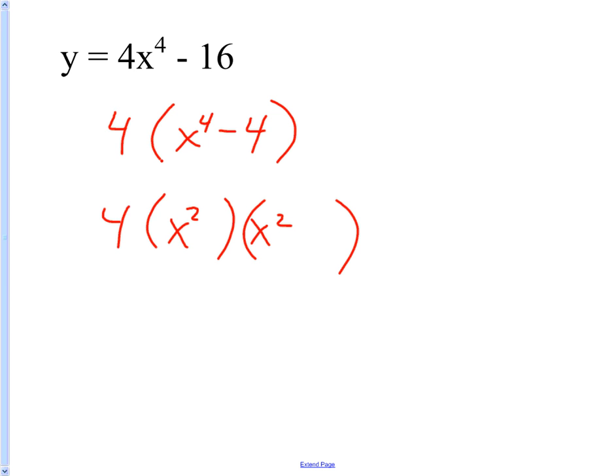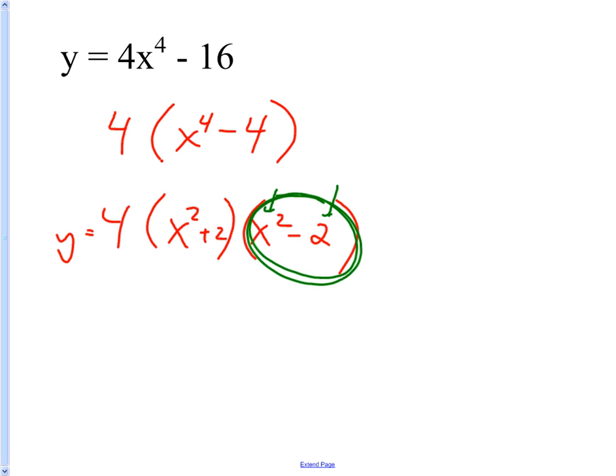Then what? Plus 2 minus 2. Now, for extra bonus points, did anybody look to see if that could factor farther? That would have been smart to look. Now, it can't factor farther, but you should at least have looked because it's a difference of squares, potentially, because that's a perfect square. But that one isn't a perfect square, and therefore we can't factor it any farther. So it is factored all the way.